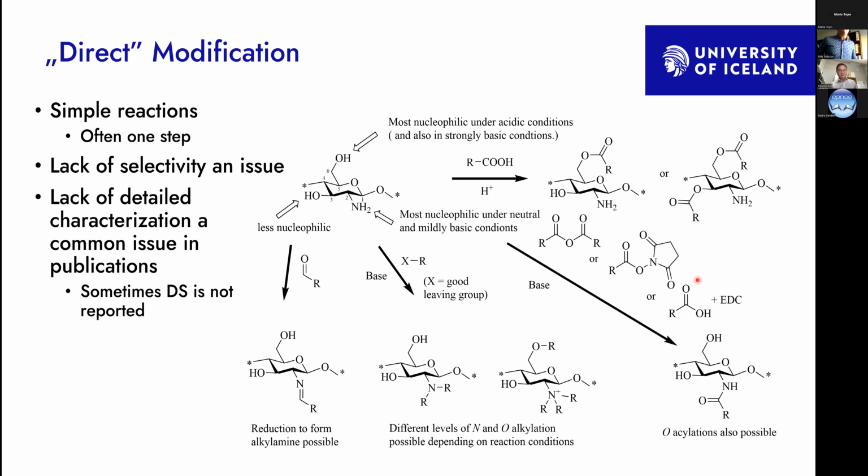So these are very common reactions. However, sometimes it's difficult to control the reaction, and in some cases the lack of selectivity can become an issue, especially when the DS is high.